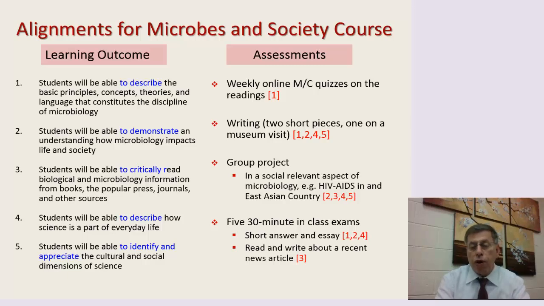You should also note that each of the learning outcomes is assessed by more than one type of assessment. So for each learning outcome, there are multiple data points from different types of student products to tell me how well the student is doing in terms of obtaining the learning outcome.